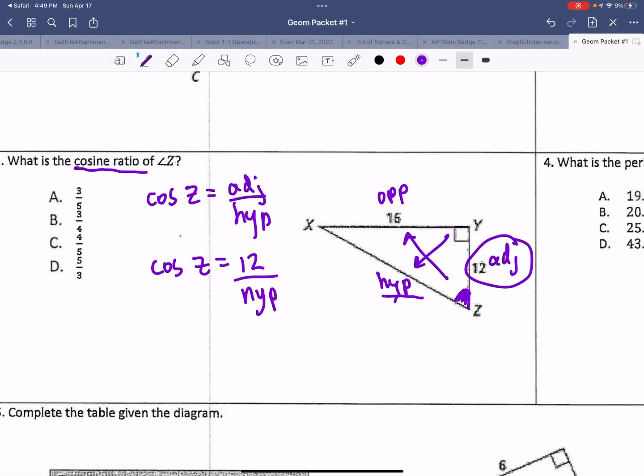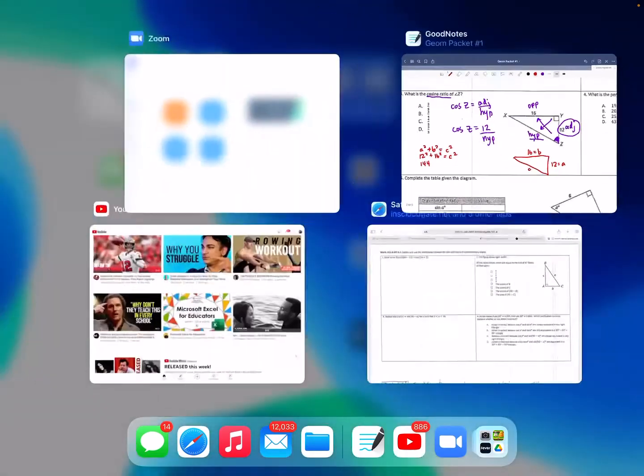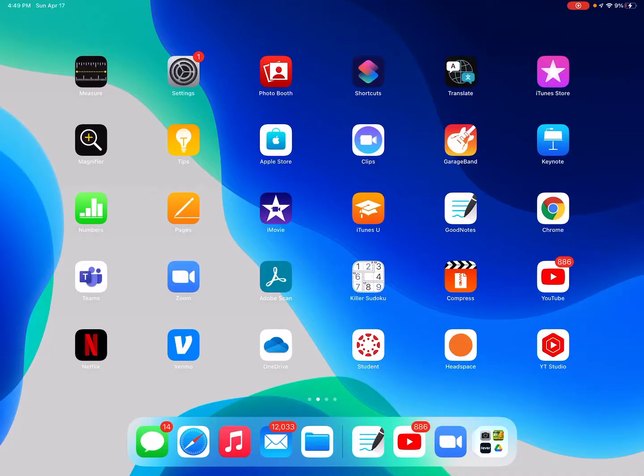So let's see if we can figure that out. We know this is 16 and this is 12. So we can call that A and we can call that B. So here we'll call that C. So you have 16 times 16. Let's see if we can find a calculator on here quick.